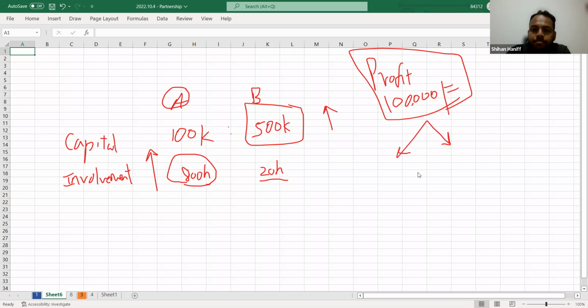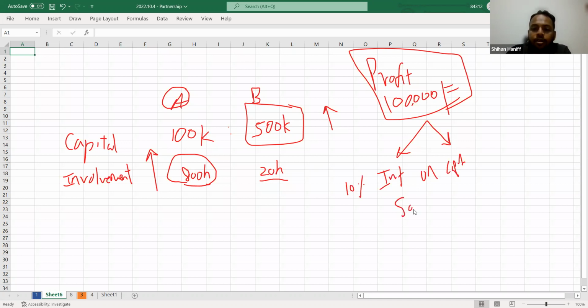Right? We have to use the different methods. So for the capital, they can give interest on capital. Interest on capital. Let's say 10% interest. 10%. So if anyone is having more capital, they will get more interest.